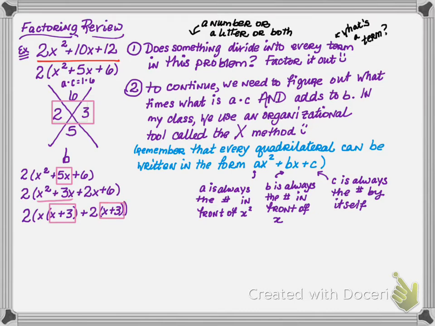You're going to factor that out, or divide that out, so that you have x plus 3 factored out and you have leftovers of x plus 2. Now what you have just done is changed a problem into a multiplication problem.